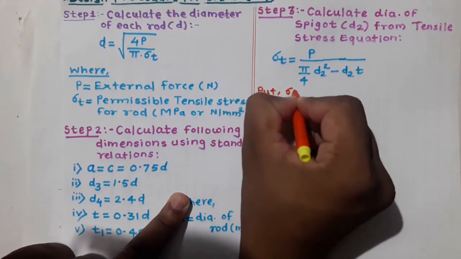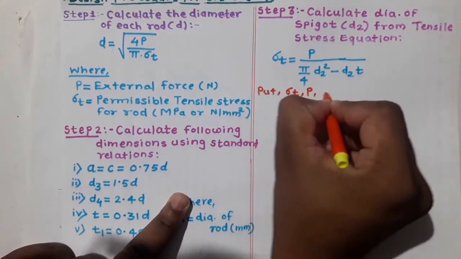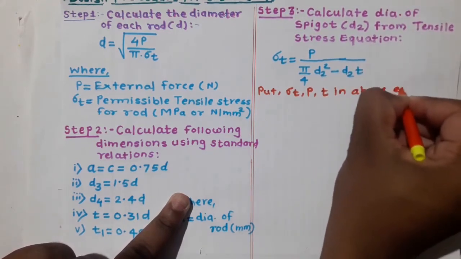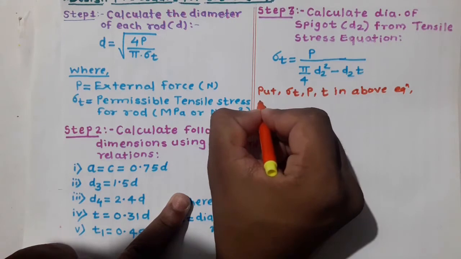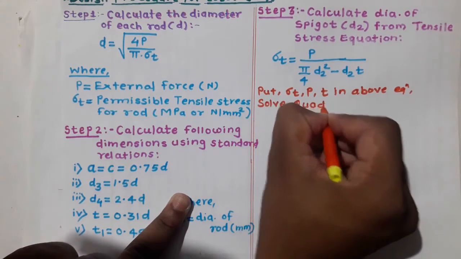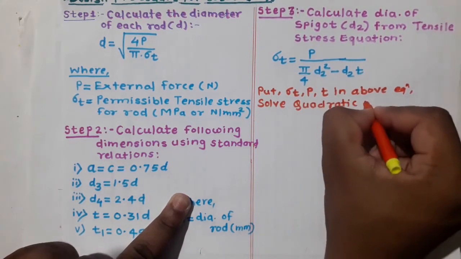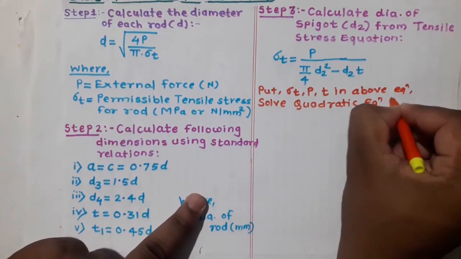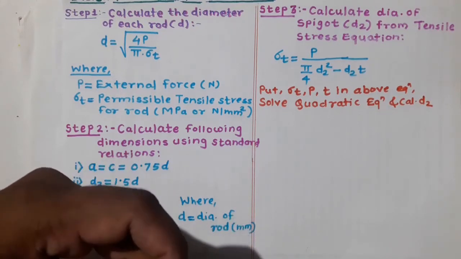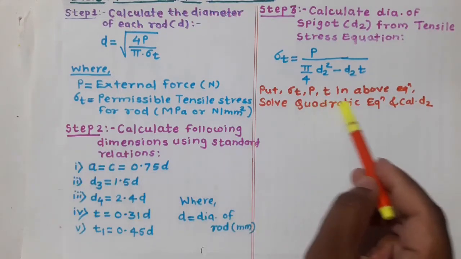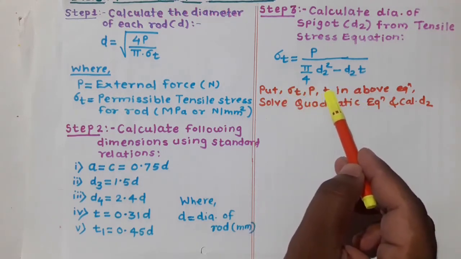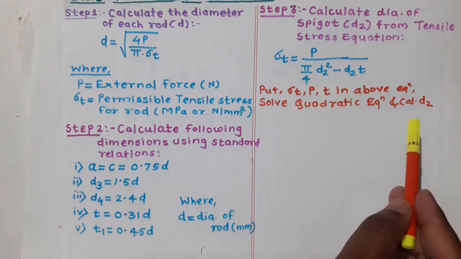Put sigma t, P and t in the above equation, solve the quadratic equation and calculate d2. This is the important part of step 3, because here you will get the quadratic equation that we have to solve after putting the permissible tensile stress, external applied force and t, the thickness of cotter, and then you will get the value of d2.